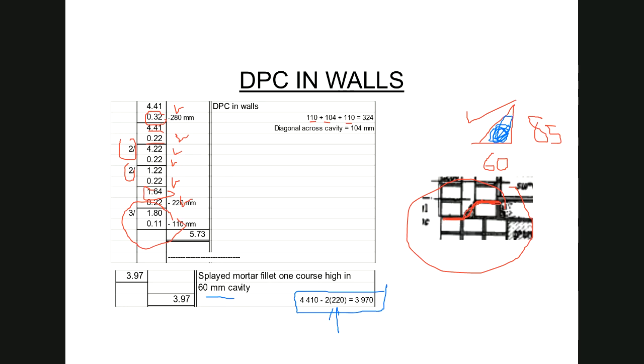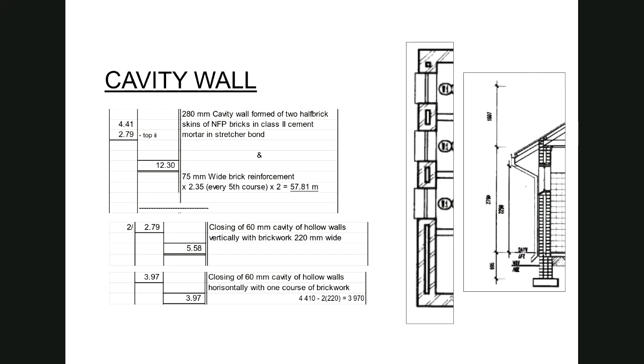So the splayed mortar fillet can only be in the area where the closing is still open. I do my side cast over here and I use the 3.97 as my measure, and there is only cavity wall on the one side, and I am done with the total detail that I have on the right hand side here. Okay, so I can now move on to the cavity walls measure itself.